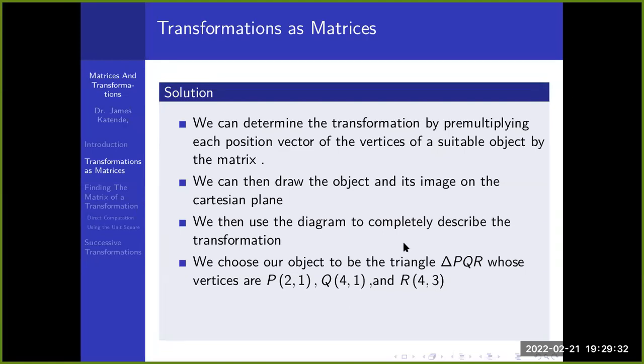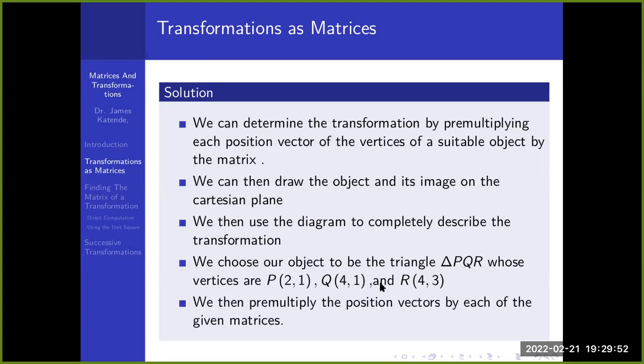So we shall pick the triangle to be the one with the points P, Q, R as the vertices. So that is 2, 1, 4, 1, and 4, 3. Then we apply in turn the matrices to each of these points. Now, in the previous example, we multiplied each vector one by one, but there's an easier way.